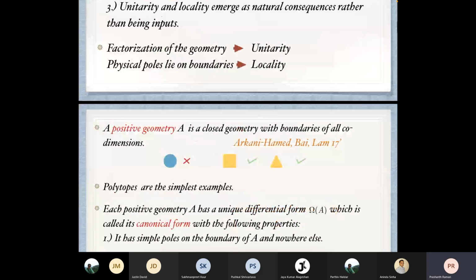If I have a pair of positive geometries, then the canonical form of the product is the wedge of the individual canonical forms. And finally, if I have a map from one positive geometry A to another positive geometry B, then I can get the canonical form of B by pushing forward the canonical form.